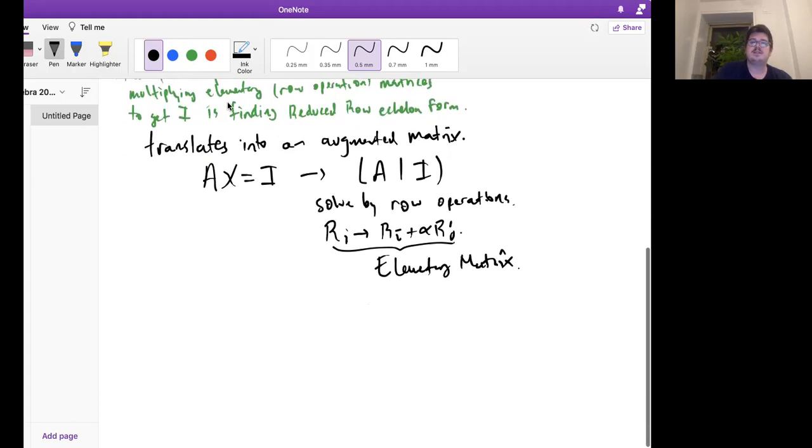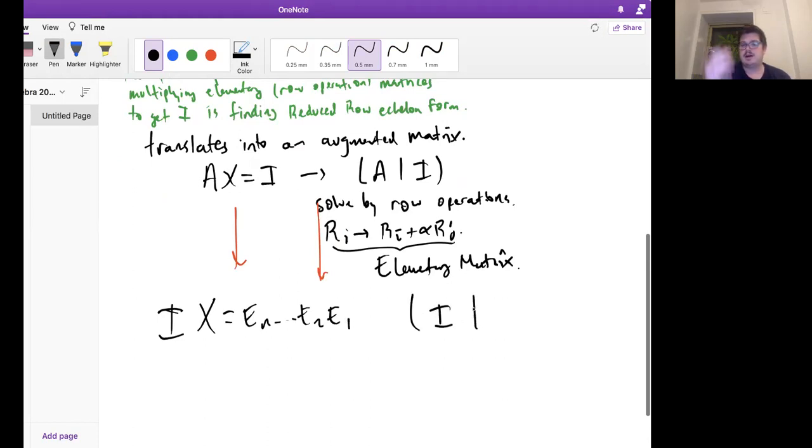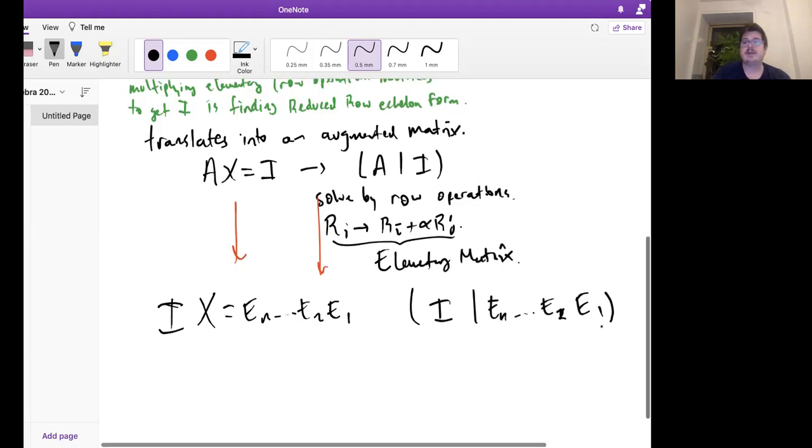So when we do the process of putting this into reduced row echelon form, we would get the identity on our left part of the augment and the series of elementary matrices on the right.